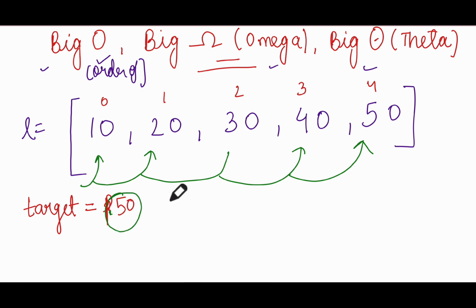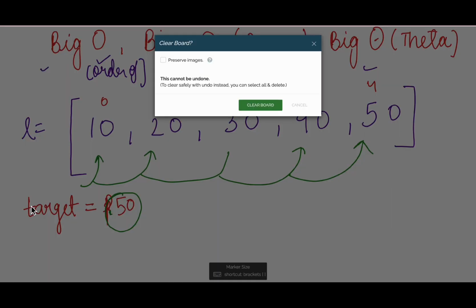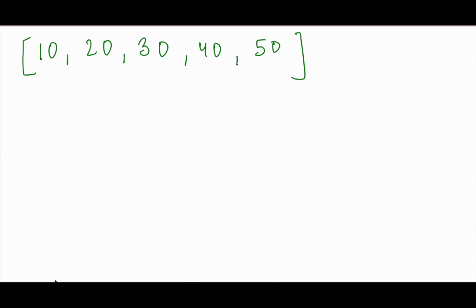Now what is happening here? Let's create a new screen here and discuss the number of steps, or number of observations. Let's say this list was 10, 20, 30, 40, and 50. Let us say we have different scenarios. First, we have to search 10.